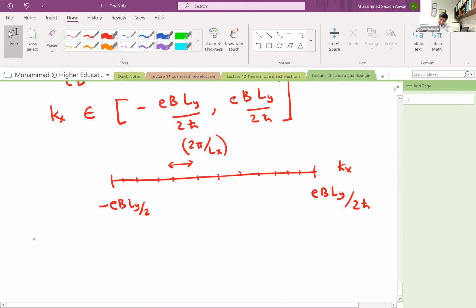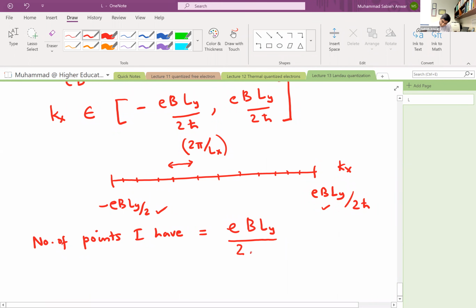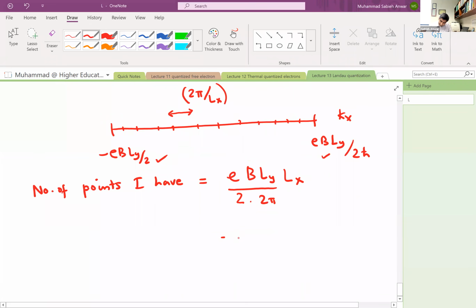So the number of points I have in this range is going to be equal to this entire span, which is this quantity subtracting this quantity, and that is going to be eB Ly over h bar, and I divide by the spacing between the 2 points, which is 2 pi over Lx. So I'm left with eB Lx Ly over 2 pi h bar.